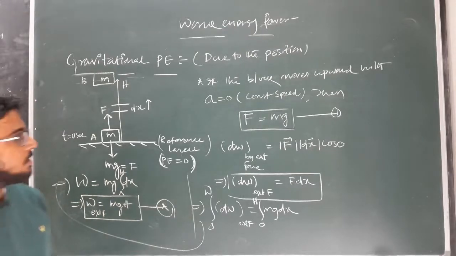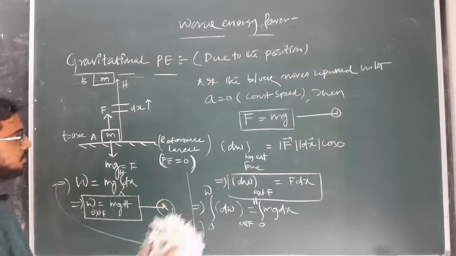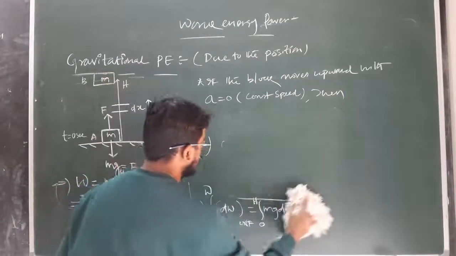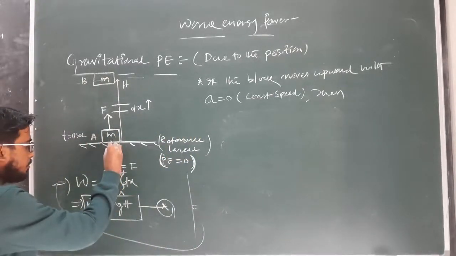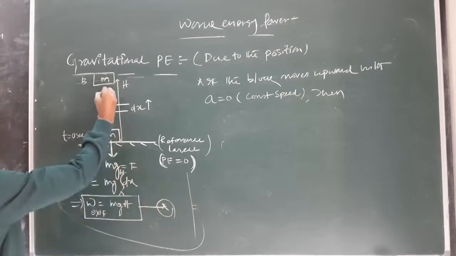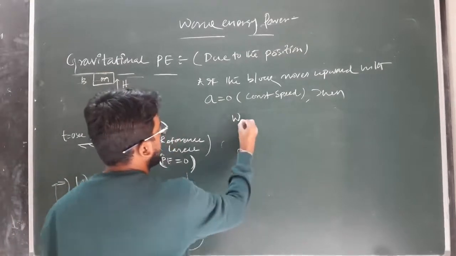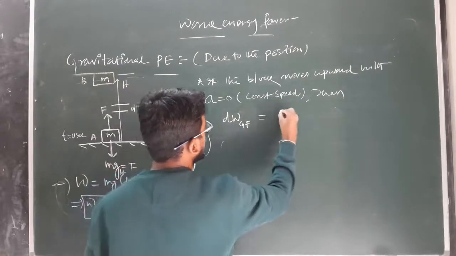But if we are considering the work done by the gravitational force, which is acting downward, what will be the expression for the work done? As here the gravitational force mg is acting downward and we are considering the displacement in the upward direction. So the work done by the gravitational force dW will be equal to how much?